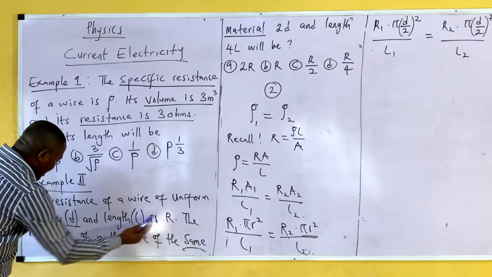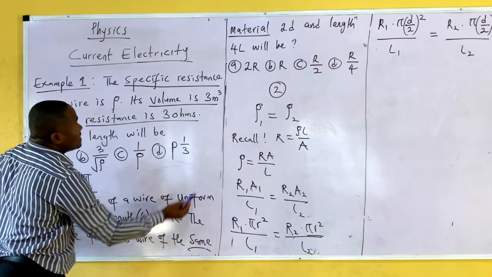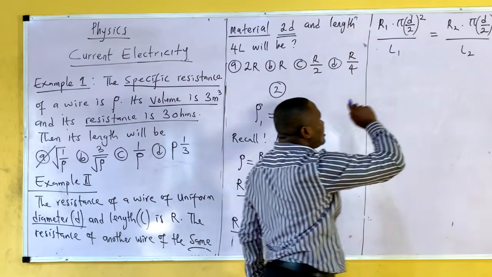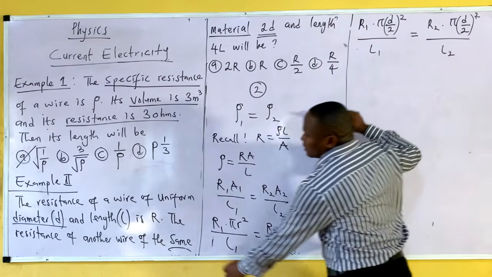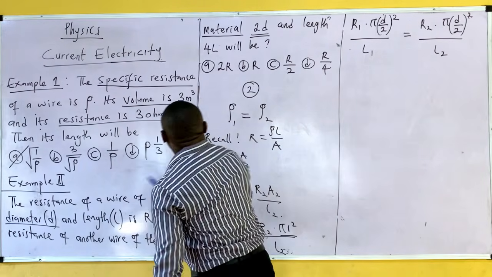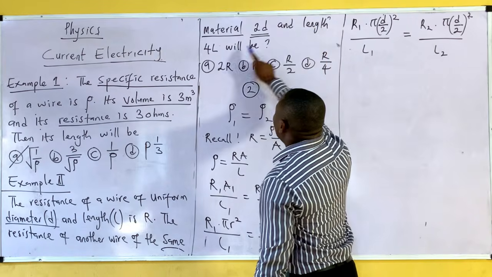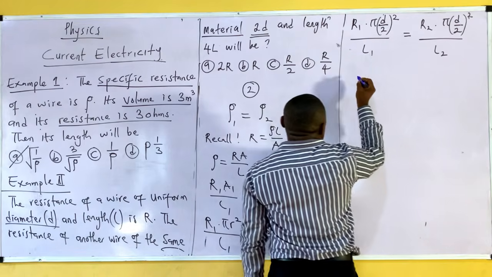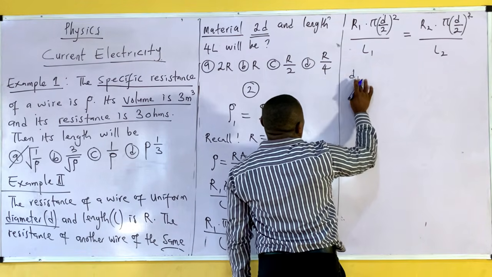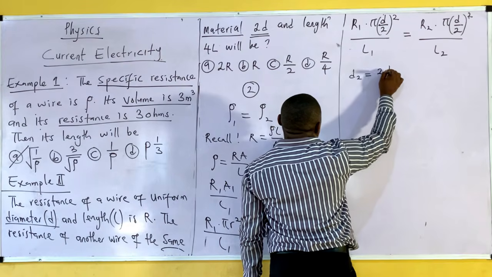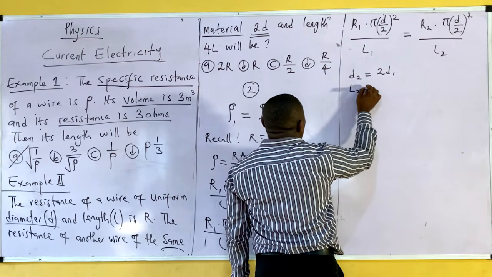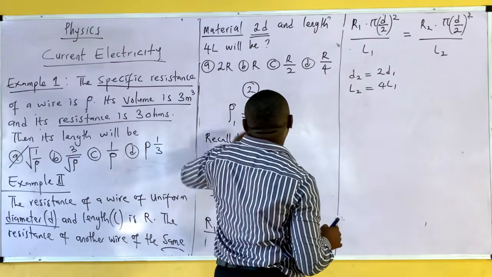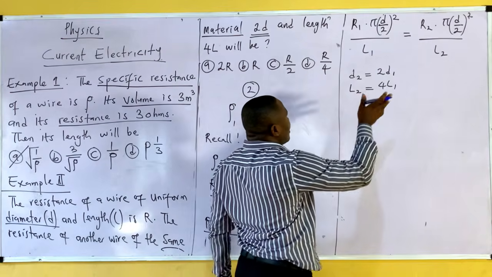We are told that the other wire of the same material has diameter 2D. So the second diameter is twice that of the first diameter. Then we have the second length 4L, which is 4 times that of the first length. So I can say that D2 is equal to 2D1 and L2 is equal to 4L1. Take note of that. That's what our question said. So put this back into the equation.